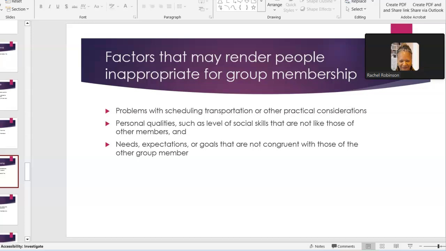There's some things that might not make sense in terms of being a group member. Otherwise, they might be a good fit, but there's problems with transportation, there's problems with childcare, things like that.